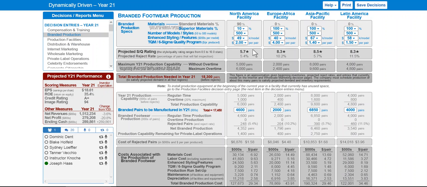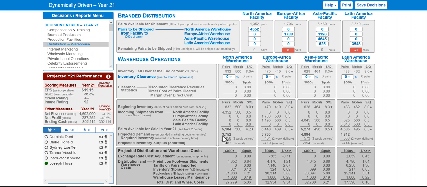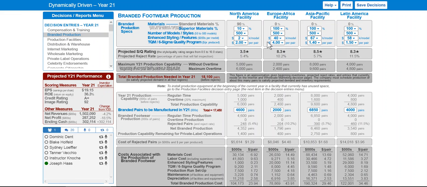Let's say we go back over, and now we take away the enhanced styling, and all of this is lowering our SQ. So as our SQ rating goes down, so does our projected demand. Our demand now is down to 3,700, and our surplus keeps rising. So that's not a good thing.